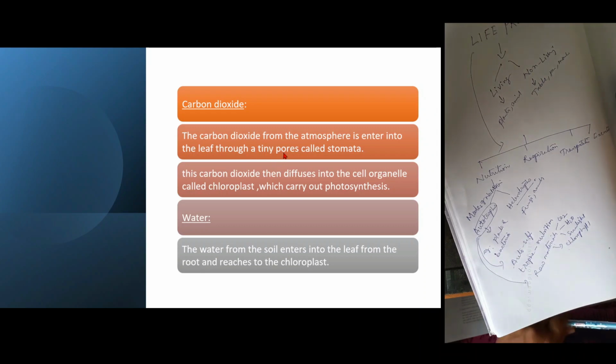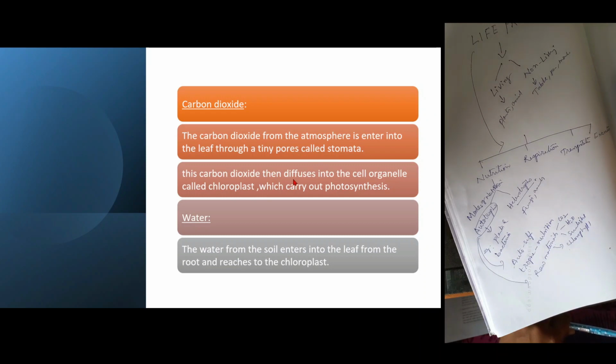This carbon dioxide the plants take from the atmosphere, and it enters the leaf through tiny pores on the leaf. Those are called stomata.